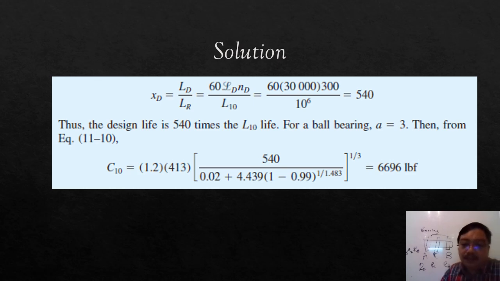It means that when you want to find the bearing suitable for this question, you go to the catalog and look for the one nearest to 6,696 pounds. Then this is the bearing you choose. The nearest, or slightly stronger than that, maybe 7,000 pounds, maybe 6,800 pounds. This is the bearing that you choose.